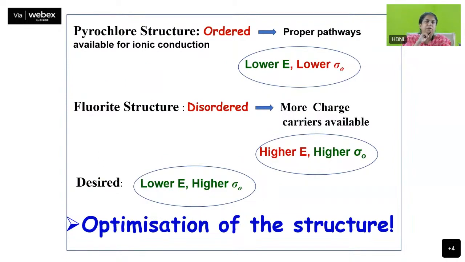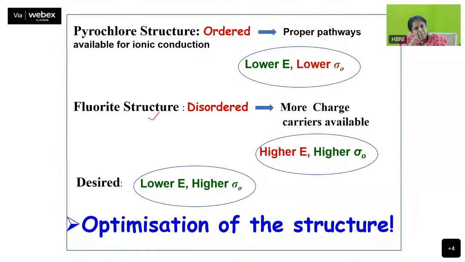Now, if I go to the pyrochlore and fluorite structure, not exactly fluorite here, defect fluorite. Now, defect fluorite, all of you know, I described in the last classes. In the fluorite structure, if you remove some of the oxygen ions, create some vacancies, and they are randomly distributed over all the unit cells, we get a defect fluorite structure. Okay.